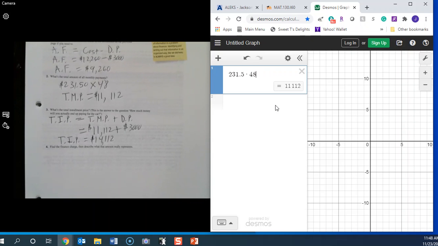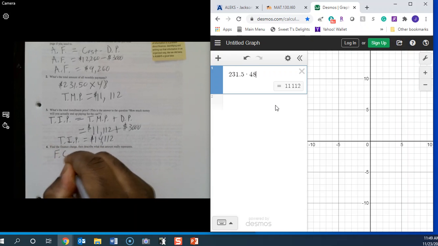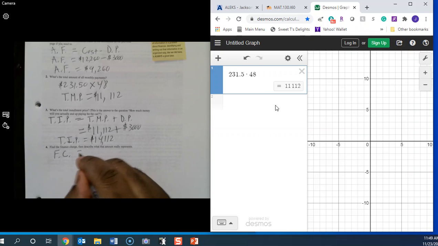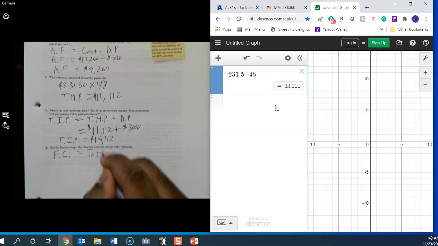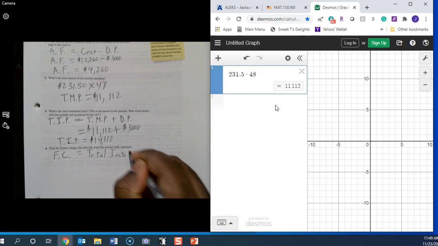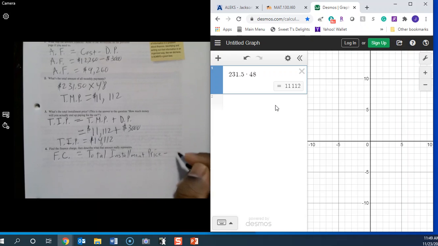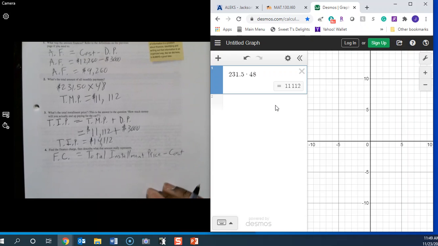Now we go here to number 4. It says find the finance charge, then describe what the amount really represents. Okay, so the finance charge is equal to the total installment price, the TIP, minus the cost.